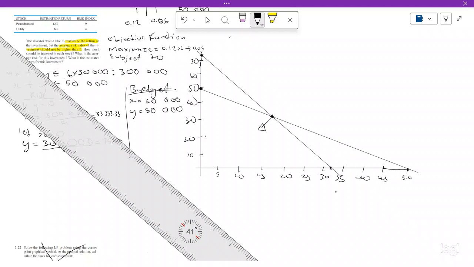So then this minus 250, no, this minus 50,000, because remember we are using this formula there.